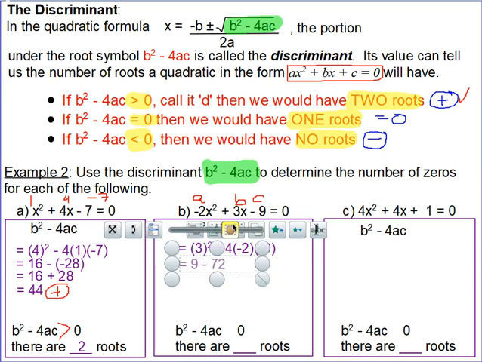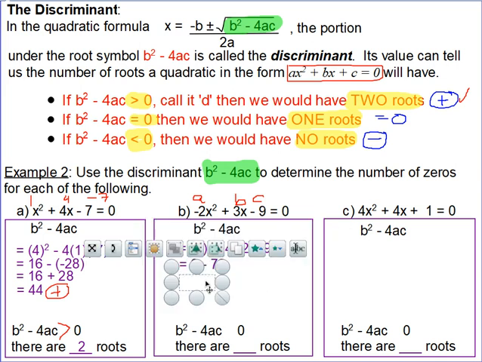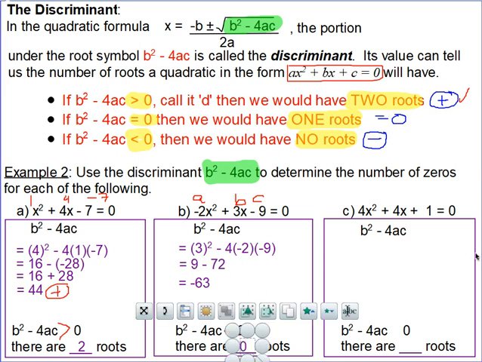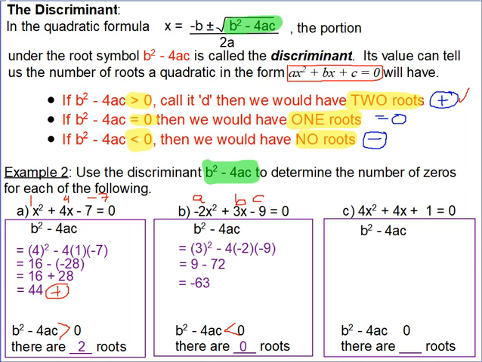Punching this into the calculator, 9 minus 72 is negative 63. So we get a negative outcome. Since the discriminant is less than 0, so 0 gets the mouth, the greater than symbol. The mouth always eats the bigger one, right? So there are 0 roots because we have a negative outcome, meaning the discriminant is less than 0.